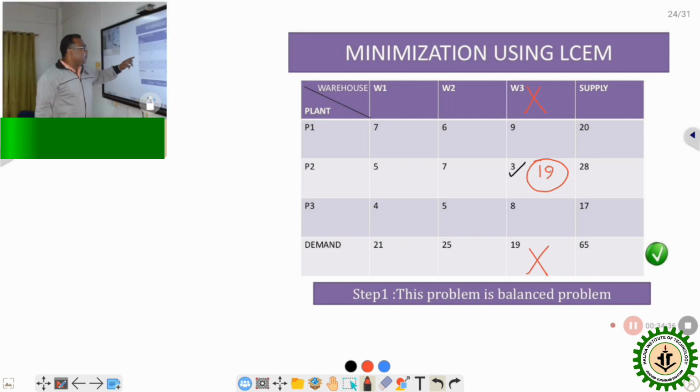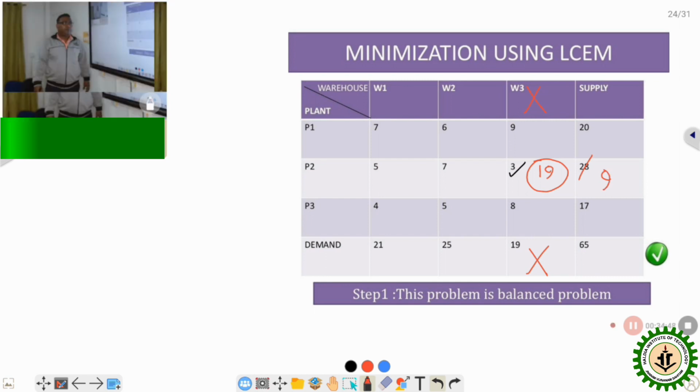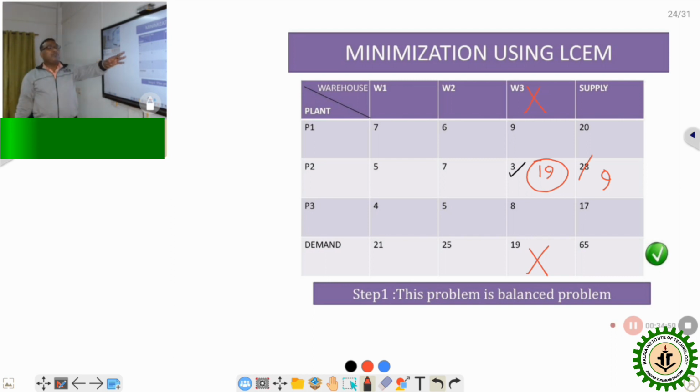But P1, P2, P3 will be there, where P2's available amount is now only 9 units, because 19 units you have already taken. So only 9 units there. Now the new matrix does not have this column, only these two columns and these three rows.